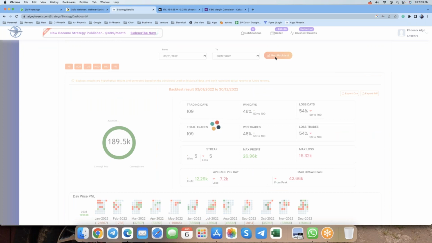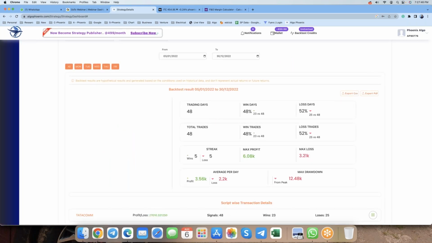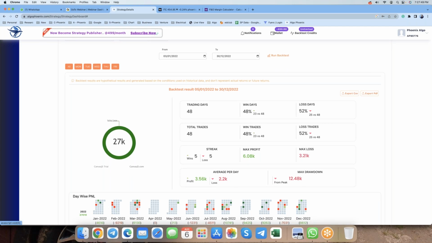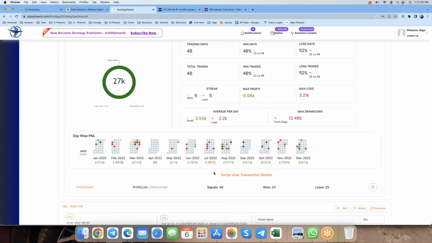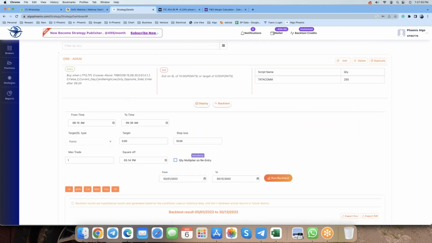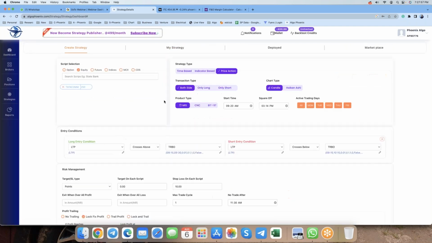Adani gave 2 lakh of profits on a paper trade in my backtesting results. If I go to TCS, let's see how much it is giving. Not favorable. The number of trades is very low for the entire year. Not a favorable one. Okay, it's not happening on Tata Consultancy.